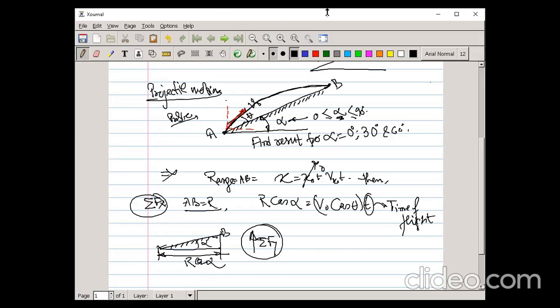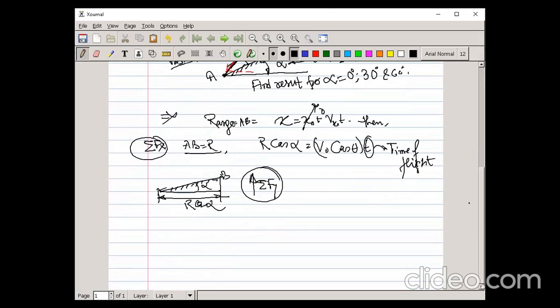You will get y is equal to, you all know that when we consider displacement in the upward direction, y0 plus Vy into t minus half of g t square.